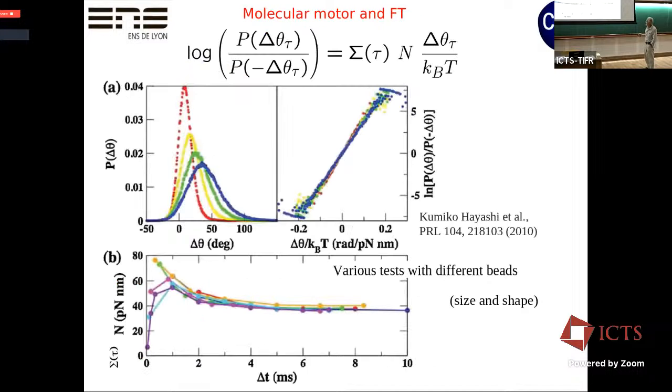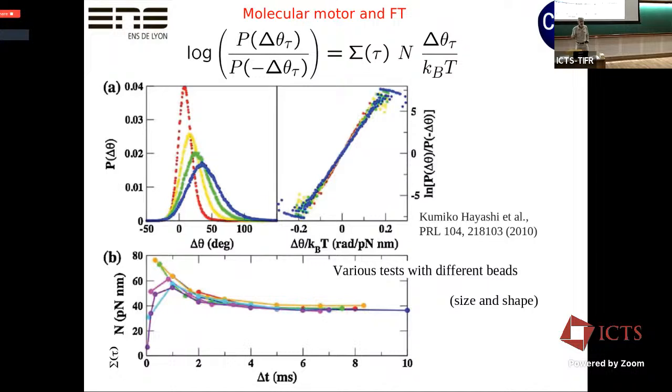Here, what is happening is that you plot the probability distribution, and then you plot the symmetry function, that is the log of the ratio of the two probabilities. And you see this is a straight line. You do that as a function of time. Everything relaxes to a point, and this slope actually gives you your unknown without any knowledge of the viscosity of the system.